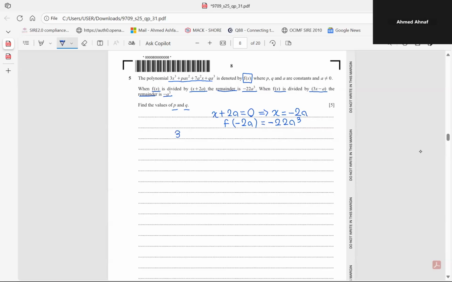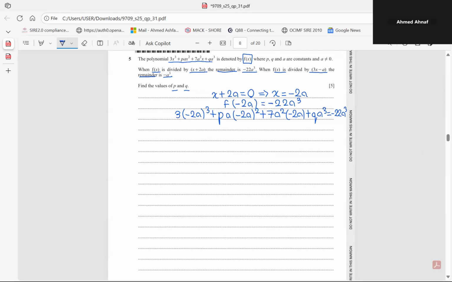Let's substitute, and simplify it: 3 times (minus 2a) cubed plus p times (minus 2a) squared times a squared plus 7a squared times minus 2a plus qa cubed equals minus 22a cubed. Okay, that's a lot to simplify, so let's go ahead.